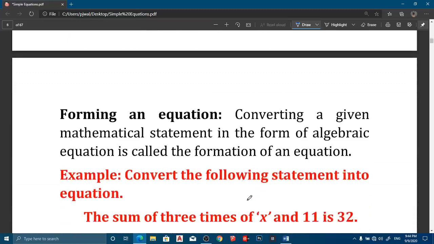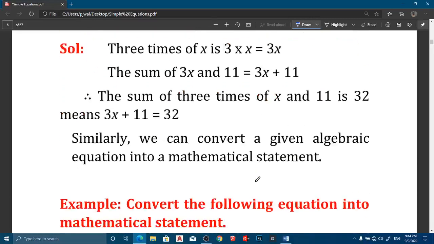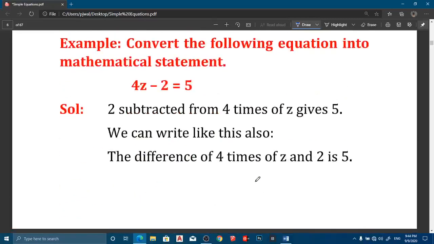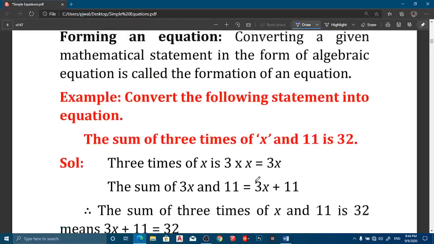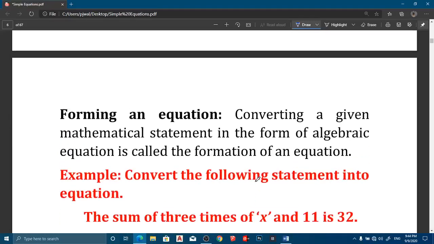Okay. Next, formation of an equation. So how to form an equation? Already you learned in the previous chapters also, by reading the statements, how to convert the given statements into the form of the equation.